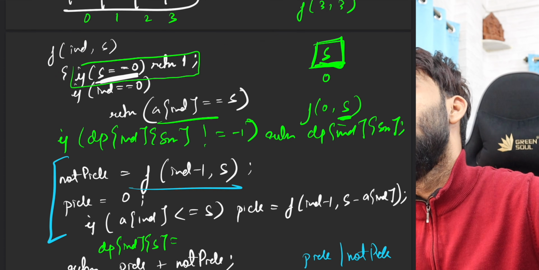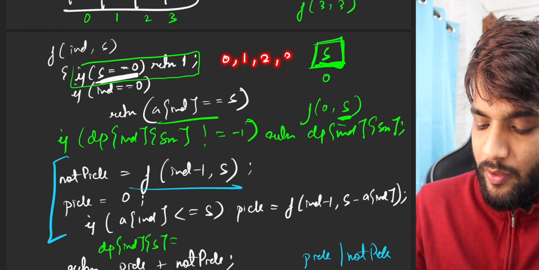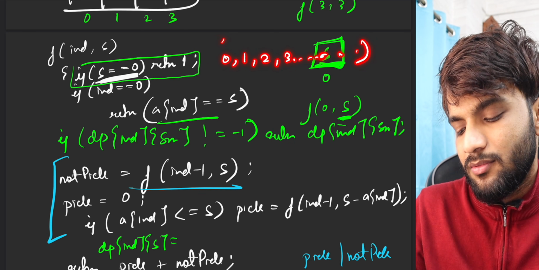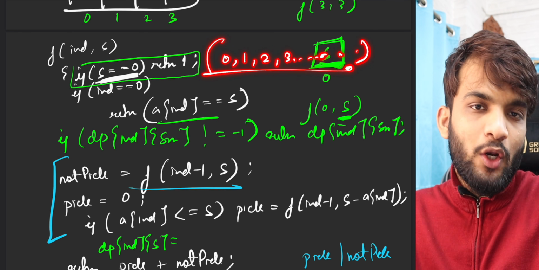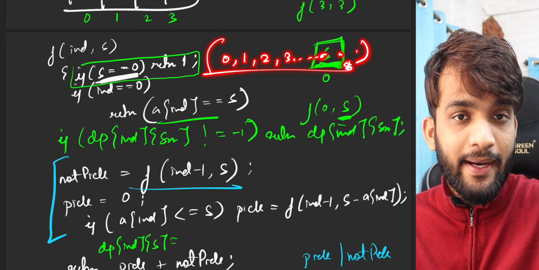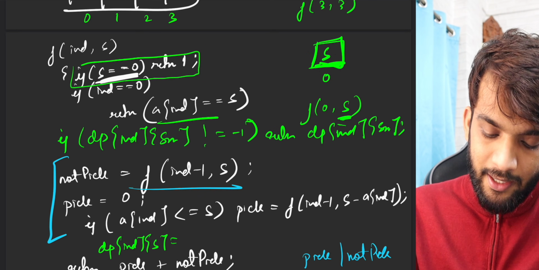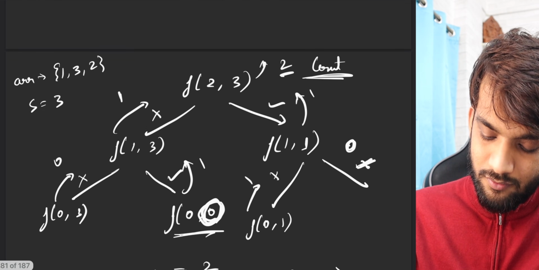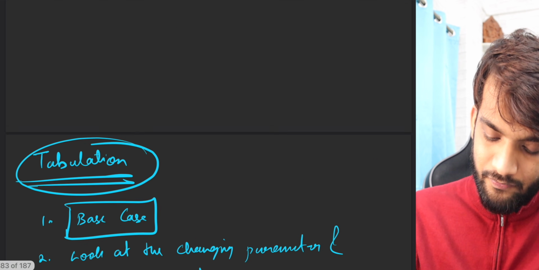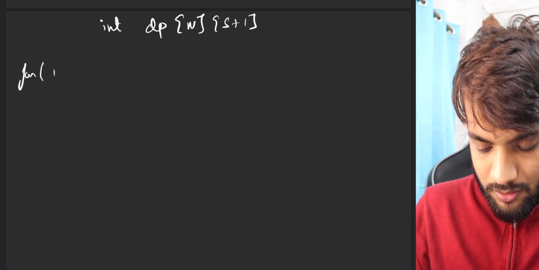Ask yourself. Index can be 0, 1, 2, 3 till any index, because we are not giving a check on the index. We are giving a check on the sum. So index can be anything. So thereby, first base case, I'm not giving any check on the index.